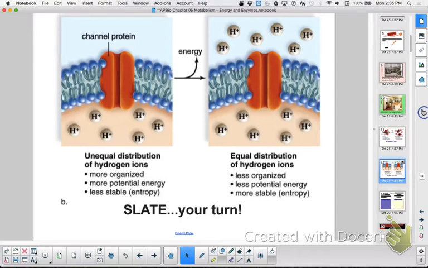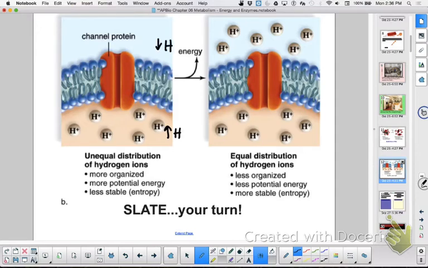Potential energy. Because those molecules, in this case hydrogen, want to go from a higher concentration to a lower concentration. There are more hydrogens on this side and fewer hydrogens on that side. So there's a difference in concentration.